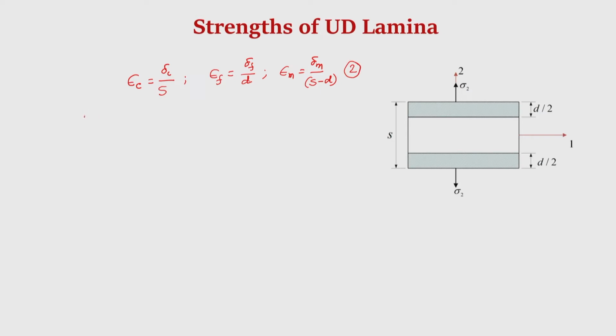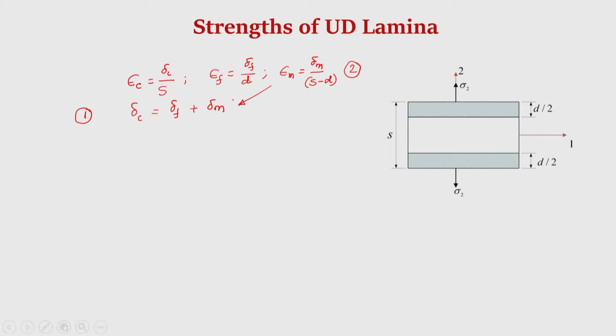So, putting in 1, 1 was delta c is equal to delta f plus delta m.